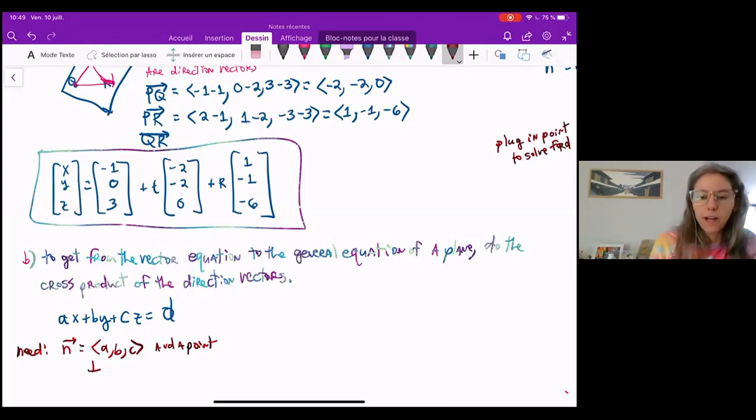To find that normal vector, this is what I was saying. We do the cross product of the direction vectors. So my n will be equal, actually, to D1 cross D2.